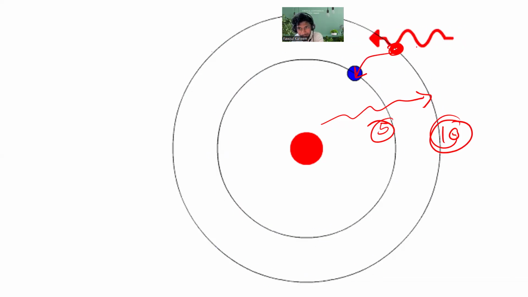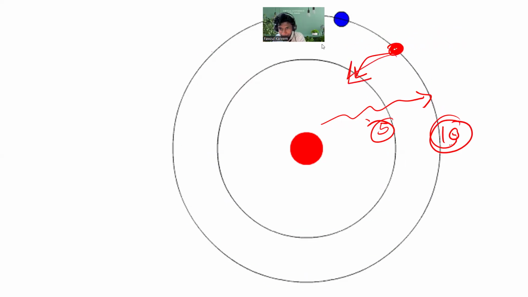Am I right or wrong? 10 joules of energy wants to become 5, so it is releasing the energy and coming here. Again, the electron is here and it will get the energy. They are getting the energy and moving here. Can you understand that?